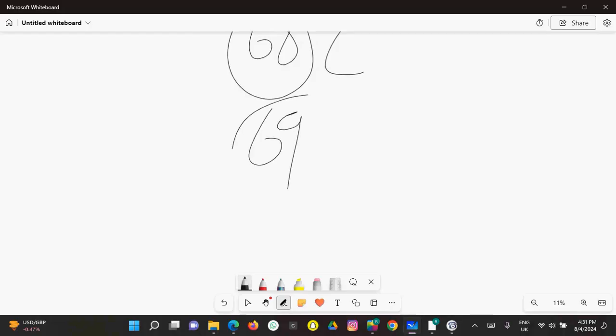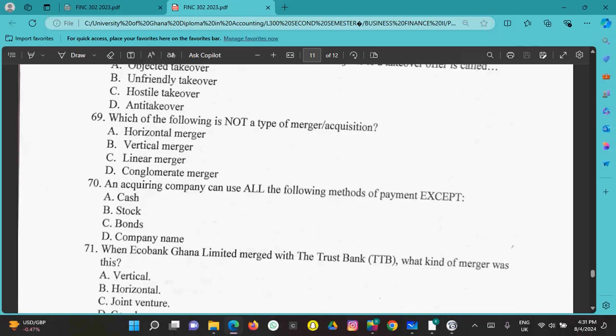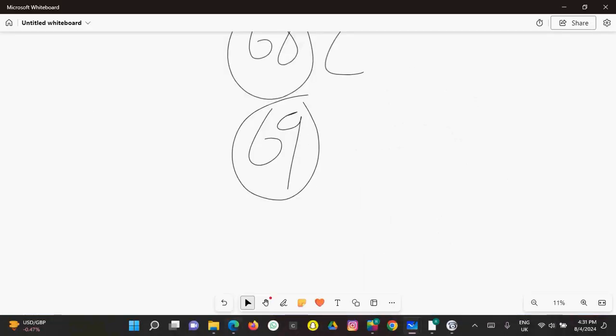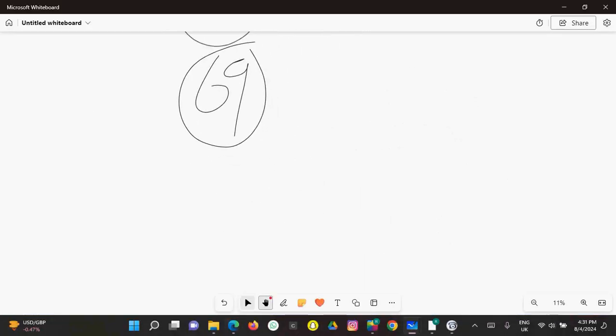69. Each of the following is not a type of merger acquisition. This is a linear merger. We don't know that one. 69 is C. 70.